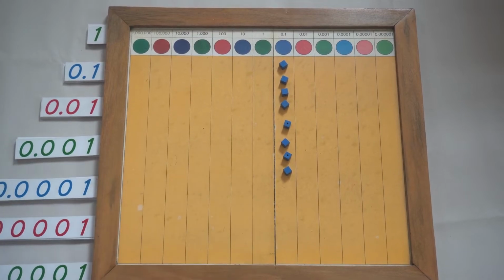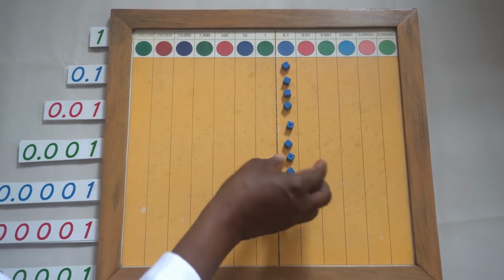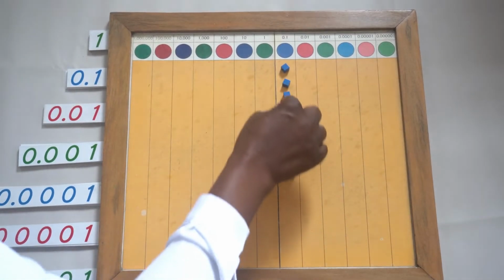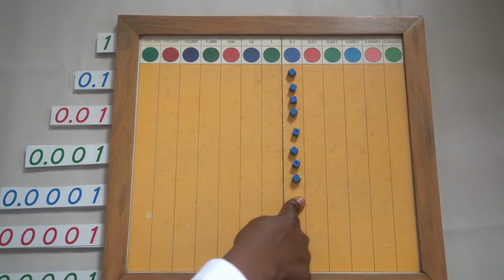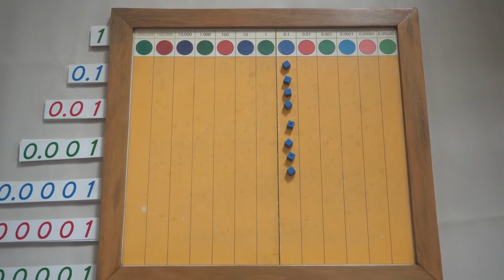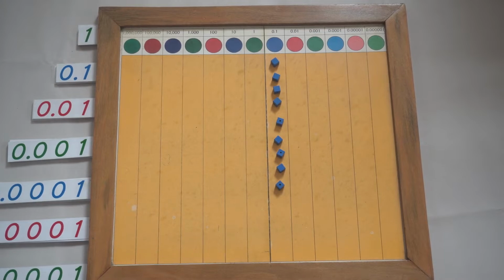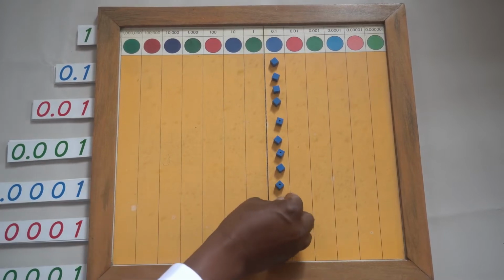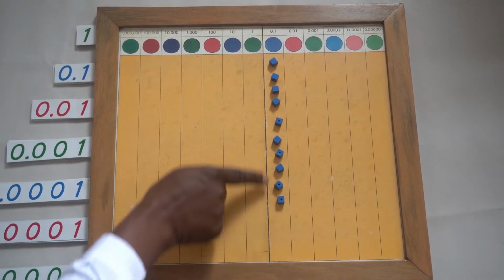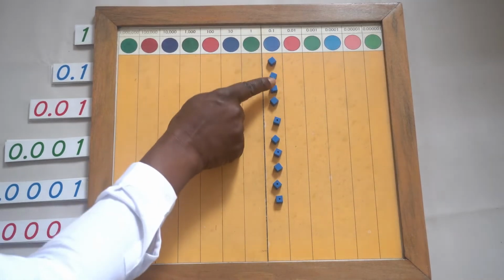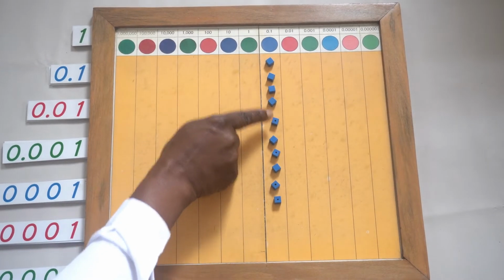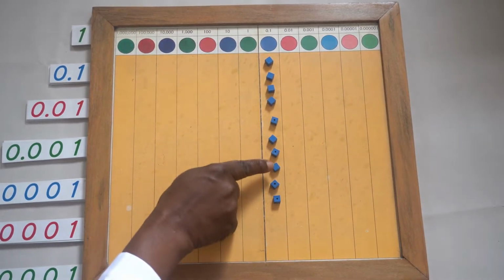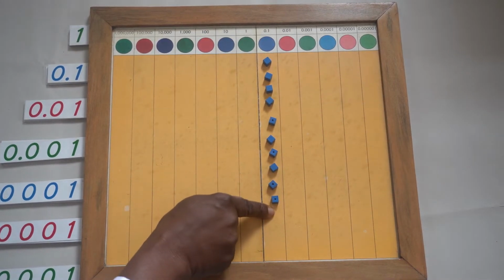Suppose I have 8 tenths already here, and if I decide to make it 9 tenths, 10 tenths, you remember? So 1 tenth, 2 tenths, 3 tenths, 4 tenths, 5 tenths, 6 tenths, 7 tenths, 8 tenths, 9 tenths, 10 tenths.